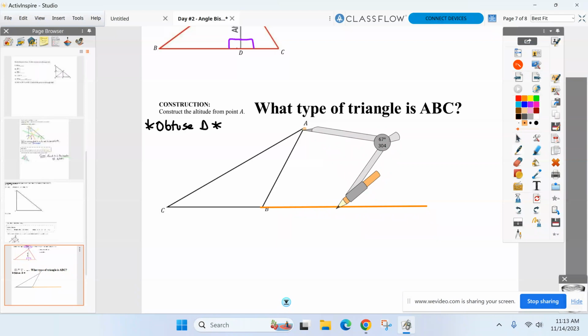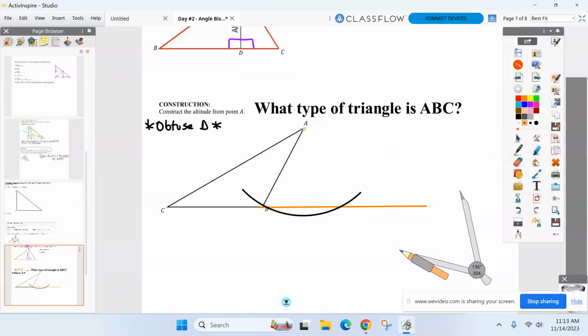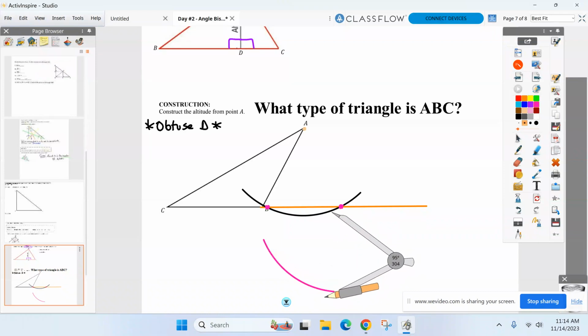Let's see, can I? 1, 2, looks good. Again, that arc is just so you can establish 2 points of intersection. And then, from both points of intersection, draw 2 more arcs that should intersect each other.